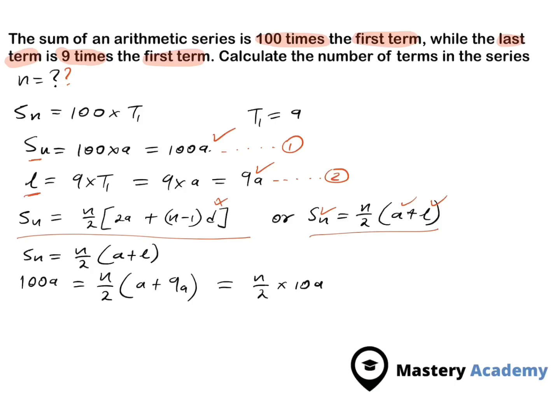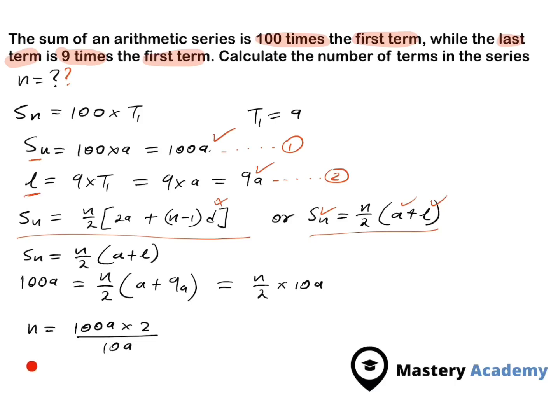Therefore, from here, I can rearrange this to say my n is going to be 100a times 2 over 10a. So I only made n the subject of the formula, cross multiplied and then divided by 10a on both sides.